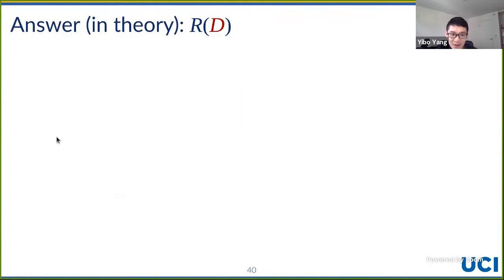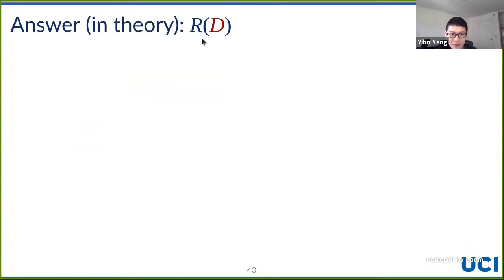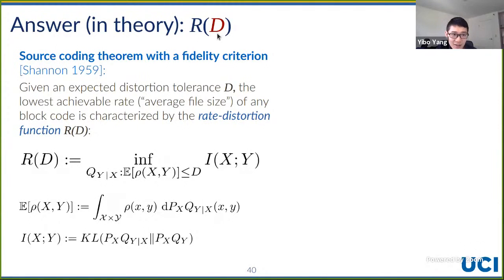So again, back to our previous question, if I give you a distortion threshold D that I want this lossy compression algorithm to stay below, then the minimum number of bits needed on average is given by this rate distortion function, evaluated at this threshold D. So this is the essence of the source coding theorem with the fidelity criterion by Shannon.